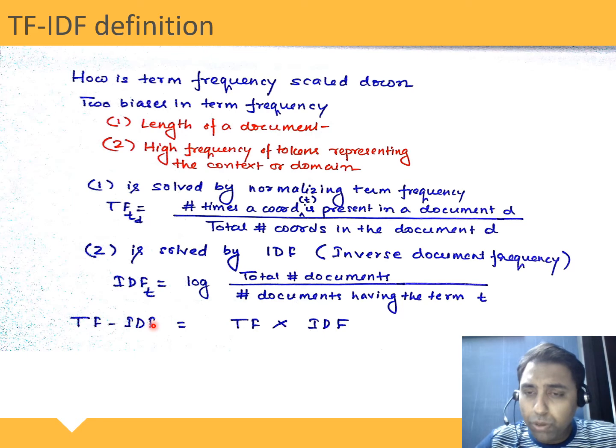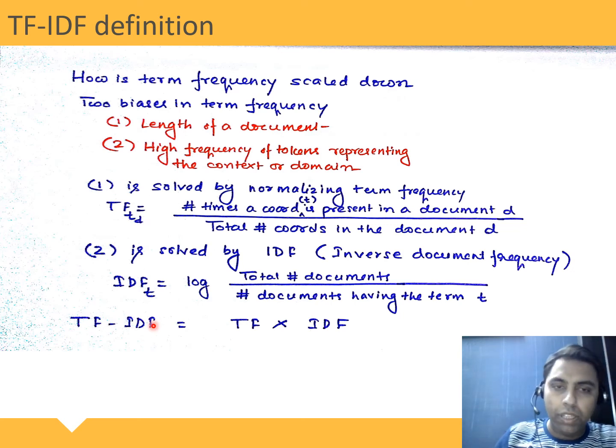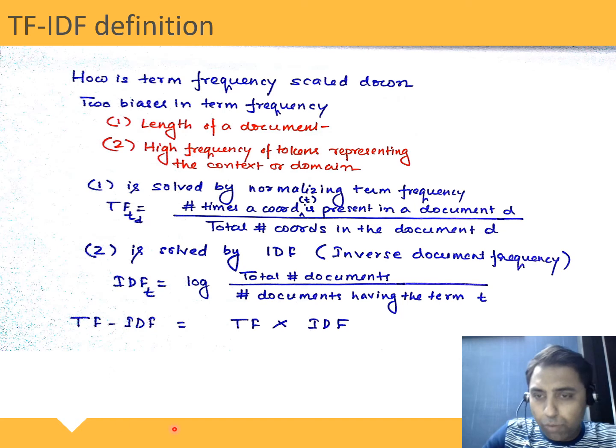So when it comes to term frequency, whether you normalize it or not, its value will vary from row to row in the document term matrix. But the inverse document frequency of a word doesn't vary from row to row.